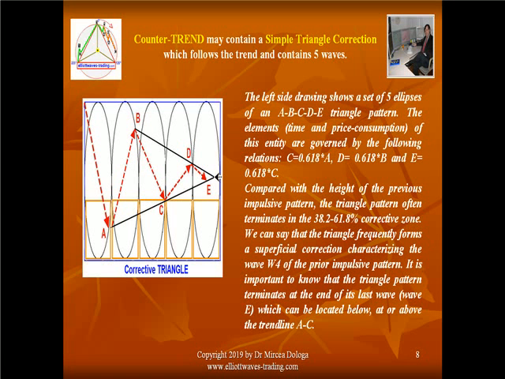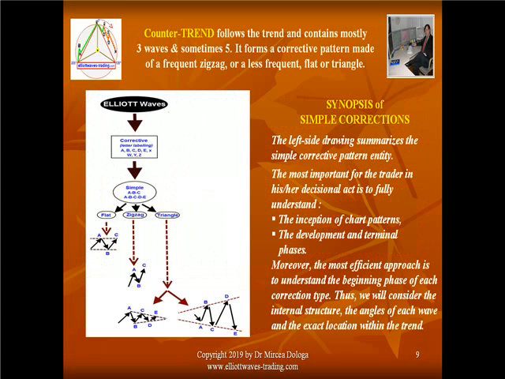Compared with the height of the previous impulsive pattern, the triangle pattern often terminates in the 38.2 to 61.8 corrective zone. We can say that the triangle frequently forms a superficial correction characterizing the wave 4 of the prior impulsive pattern. It is important to know that the triangle pattern terminates at the end of its last wave, wave E usually, which can be located below, at, or above the trending line AC.